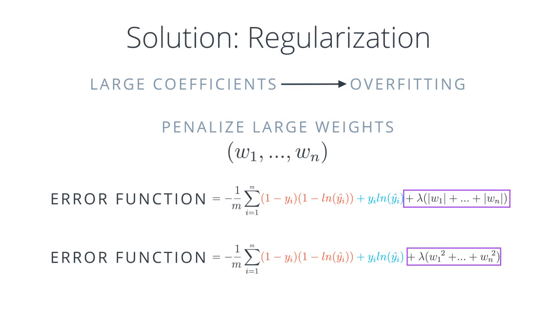If lambda is large, we penalize them a lot, and if lambda is small, then we don't penalize them much. And finally, if we decide to go for the absolute values, we're doing L1 regularization. And if we decide to go for the squares, then we're doing L2 regularization. Both are very popular, and depending on our goals or application, we'll be applying one or the other.